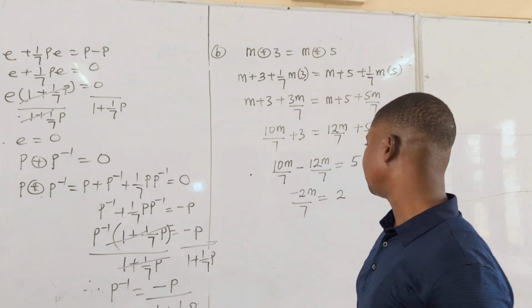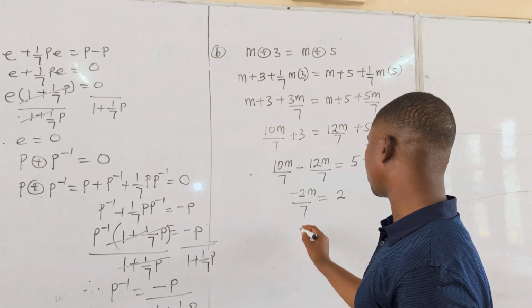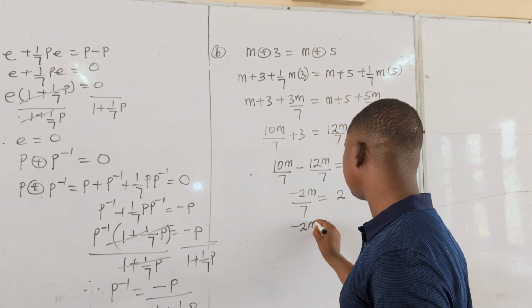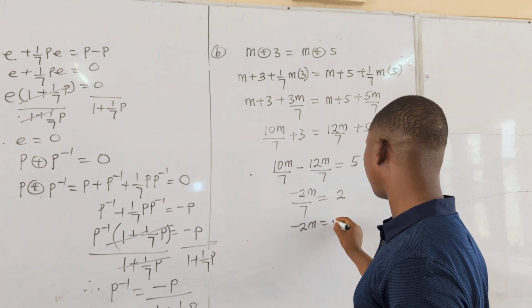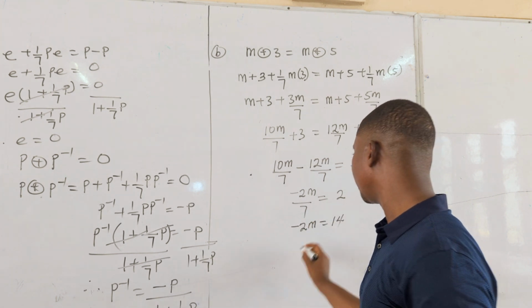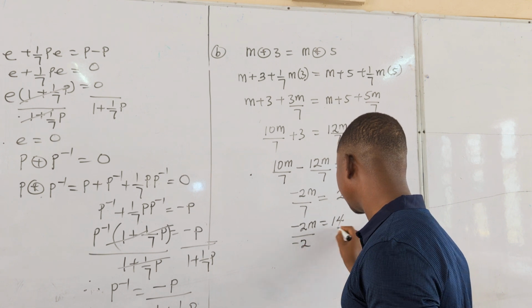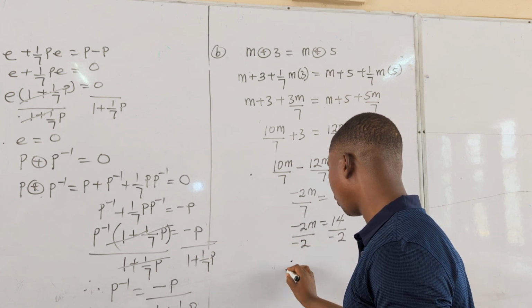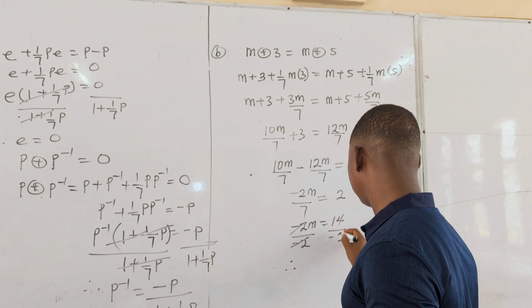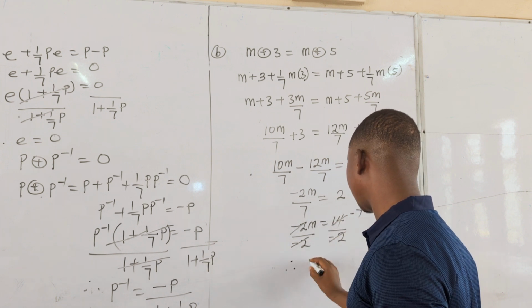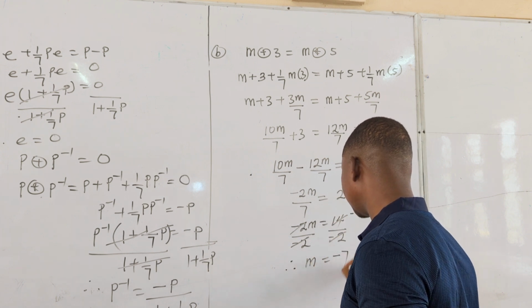At this stage, we can just cross multiply. So we have minus 2M is equal to 7 times 2, which is 14. We divide by negative 2 on both sides. Therefore, M is equal to negative 7.